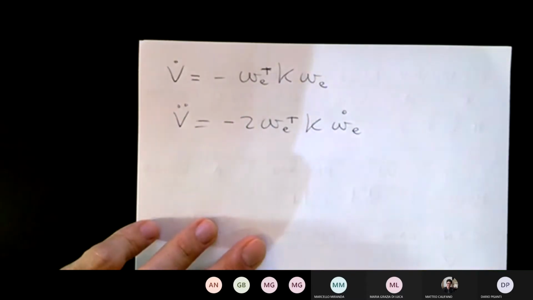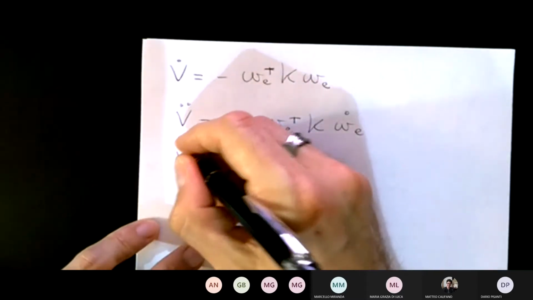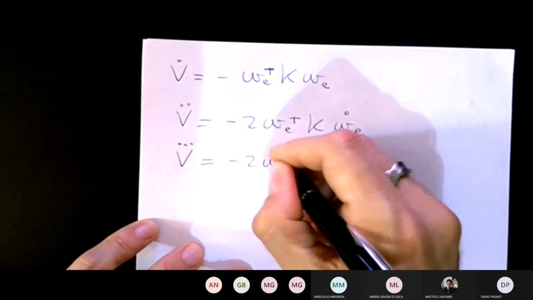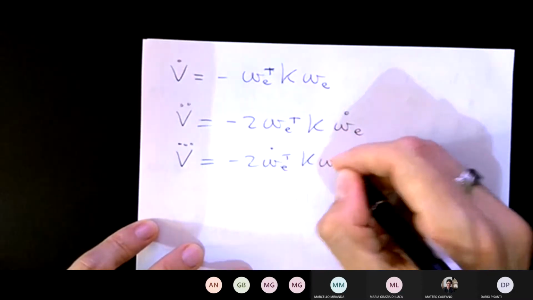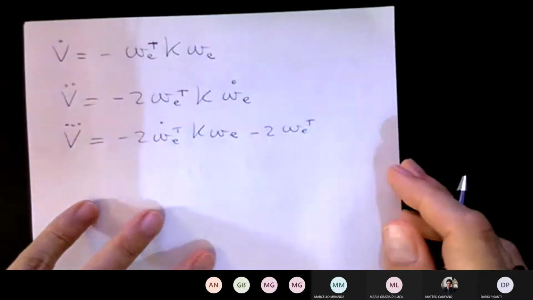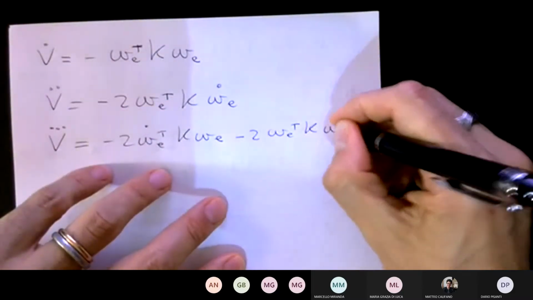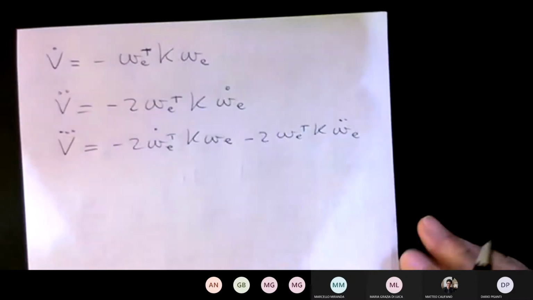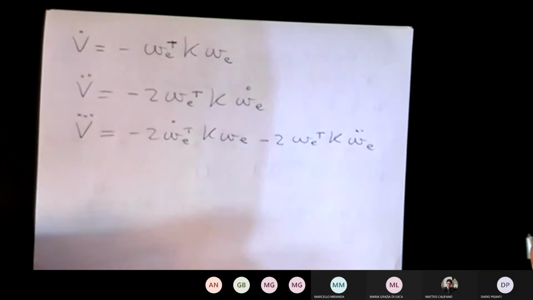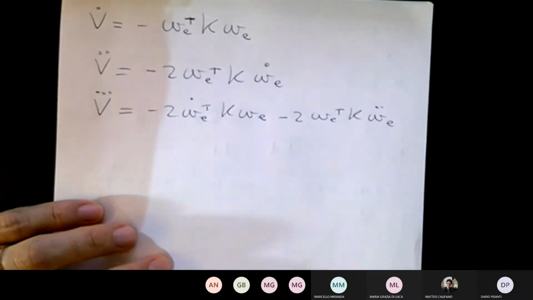Easy to show, right? K is a constant. V triple dot is going to be minus 2 omega e transpose dot k omega e minus 2 omega e transpose k omega e double dot. I know I said I would take a break, but it doesn't look like I'm doing it. Let's try to press on this.